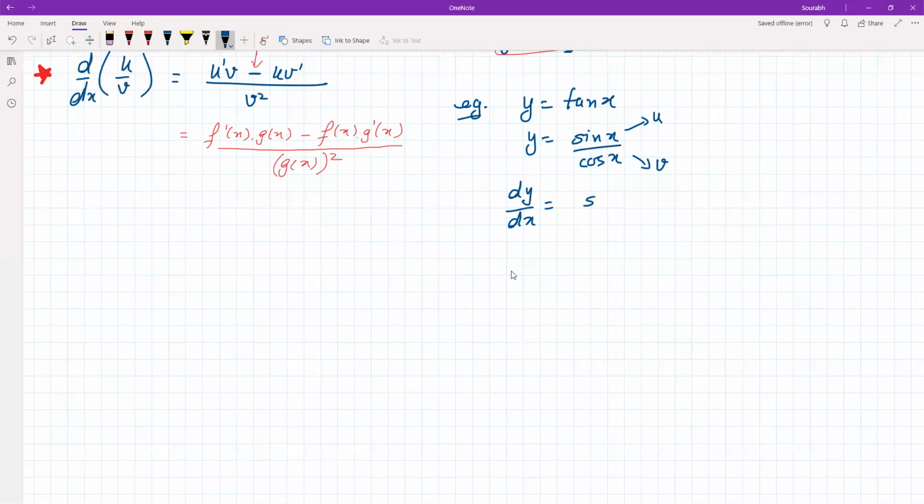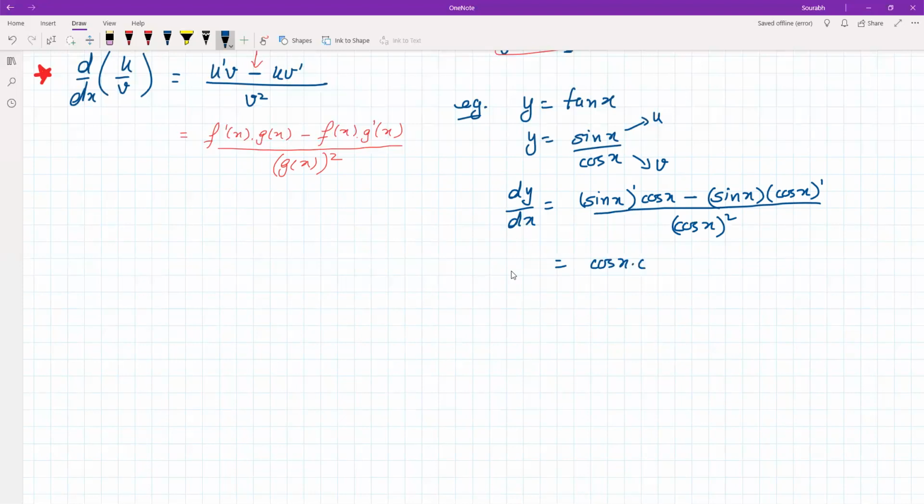So differentiation of the first function, sin x, into cos x, that is the second function, the function in the denominator. Then the first function as it is into differentiation of the second function, that is differentiation of cos x, divided by cos x whole square. So what do we get here? Sin x differentiation is cos x.